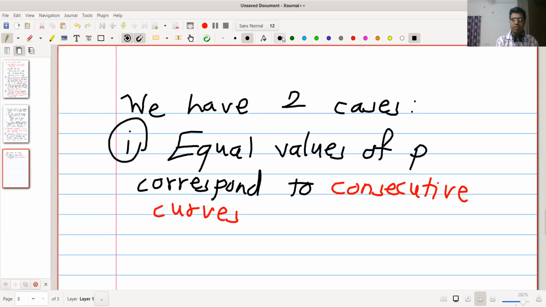System 2 is general solution. And this gives envelope.